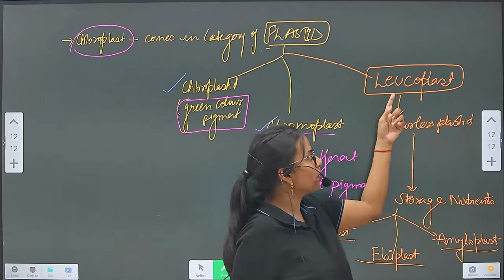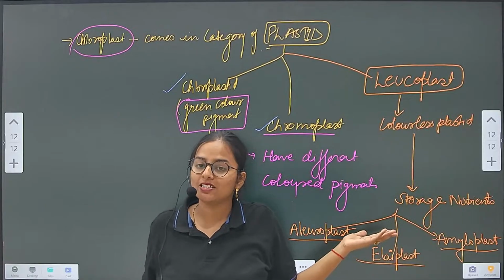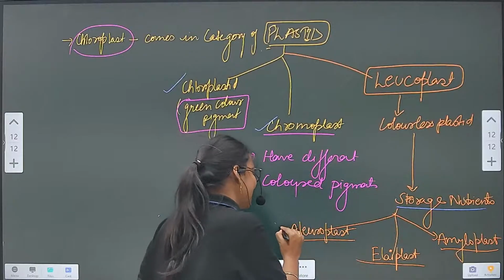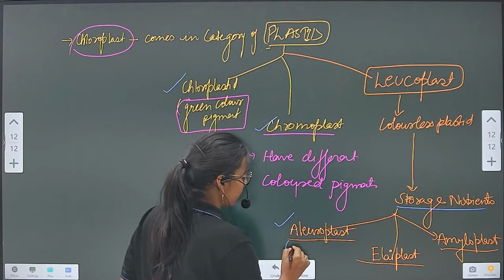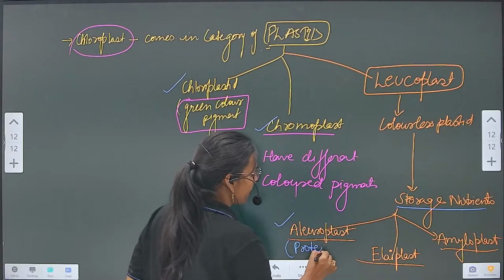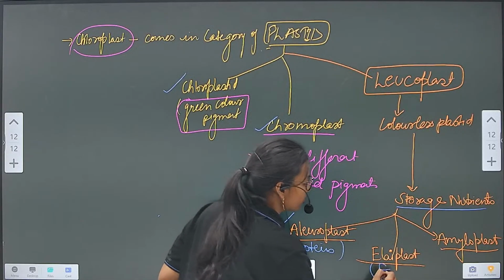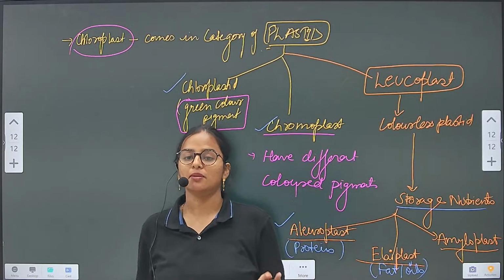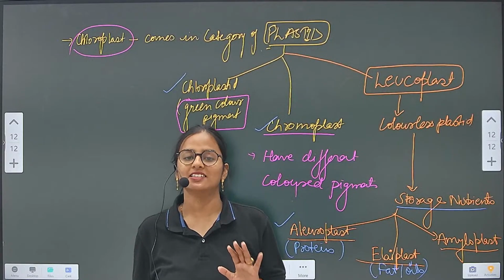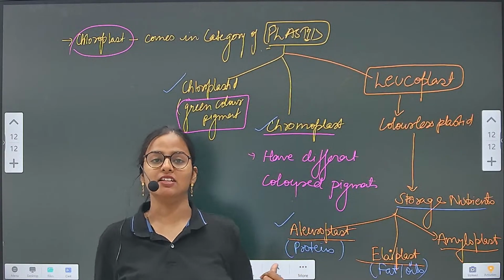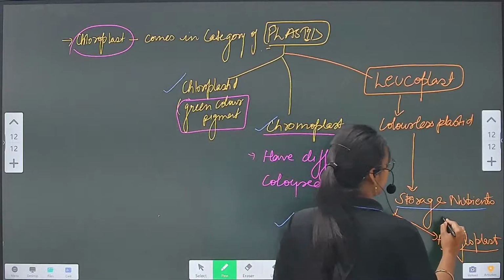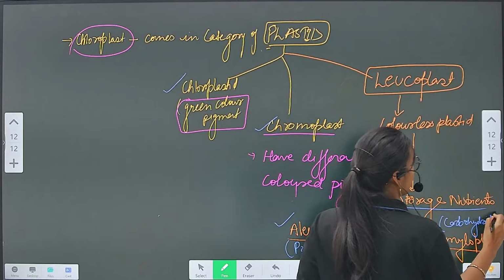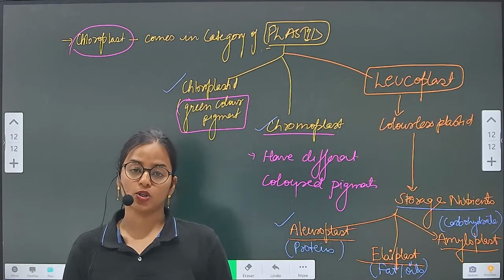Leucoplasts are meant for storage of nutrients: aleuroplast for storage of proteins, elaioplast for storage of fats and oils, and amyloplast for storage of carbohydrates. Is that clear? So that's all about today's class. The rest we will be discussing tomorrow.